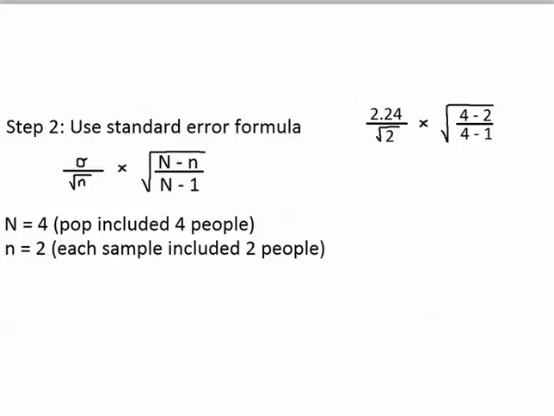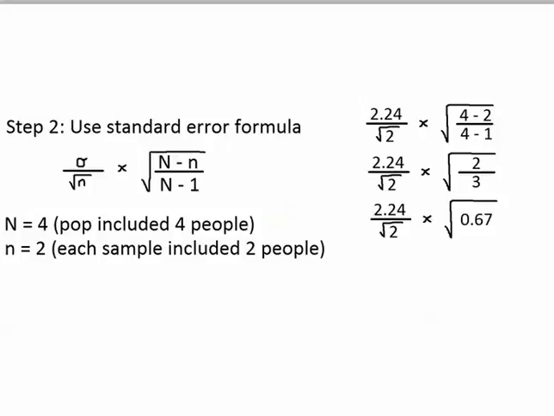Now we can go through the steps of figuring this out. So first we have to do 4 minus 2, that's 2. Then on the bottom, 4 minus 1, that's 3. Then under the fraction, we divide 2 by 3. 2 divided by 3 is 0.67. Then we just find the square root of 0.67, it's 0.82. Just put this under a square root sign and it comes out to 0.82.